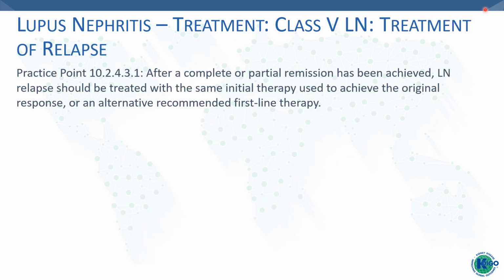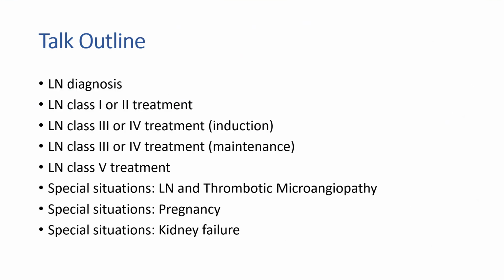If there is a relapse of class 5 lupus nephritis after it entered remission before, the patient should be treated with the same initial therapy used to achieve the original response the first time, or maybe an alternative recommended first-line therapy can be used.